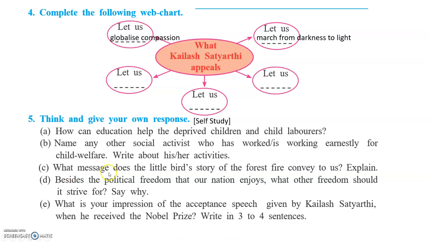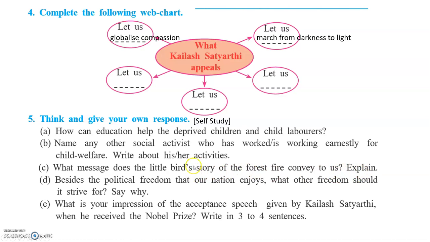Then, what message does the little bird story of the forest fire convey to us? Remember the bird story that we did in part 2? The little bird that was taking a drop of water in its beak when the forest was on fire. So, here, what message do you get from it? Explain.